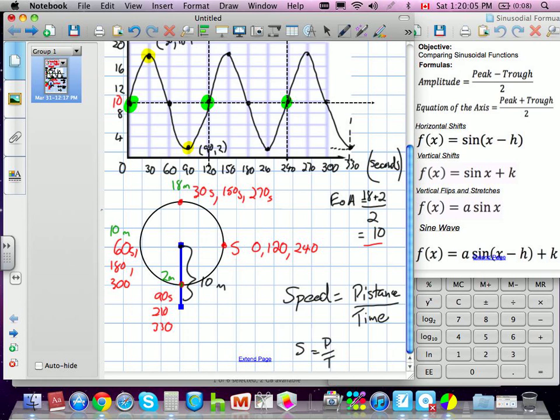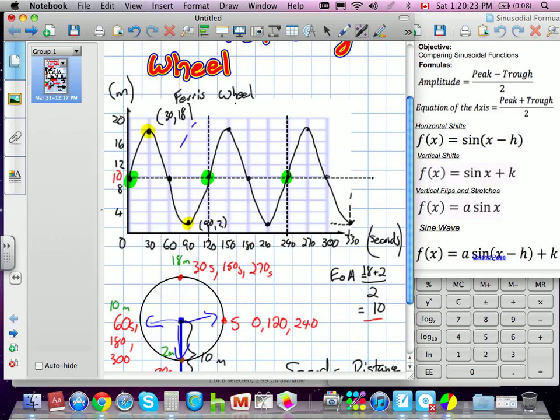Okay. Now, there's a couple of other pieces of information we need to figure out. First of all, if this is 10 meters in the air, and we need to figure out the radius of this circle, what are we trying to find on our graph here? What piece of information will tell us the radius of the circle?